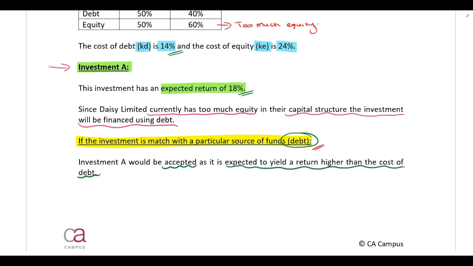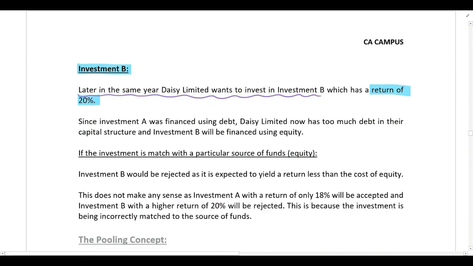So investment B is going to be financed using equity finance. So once again, if we match the investment to the particular source of funds, in other words, if we assume that investment B is going to be financed through equity, we know that the investment has a return of 20%.